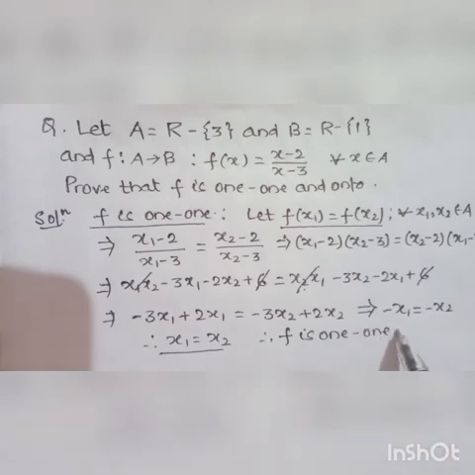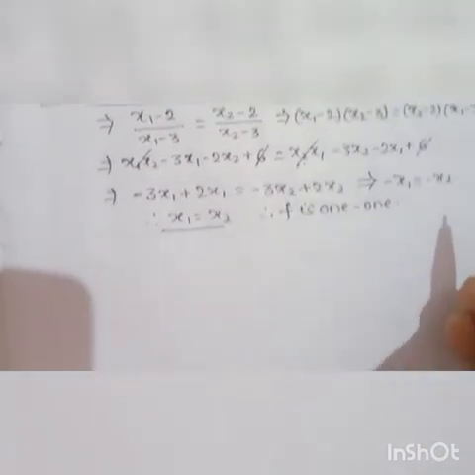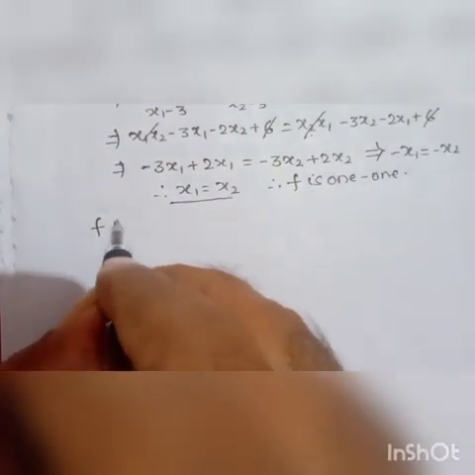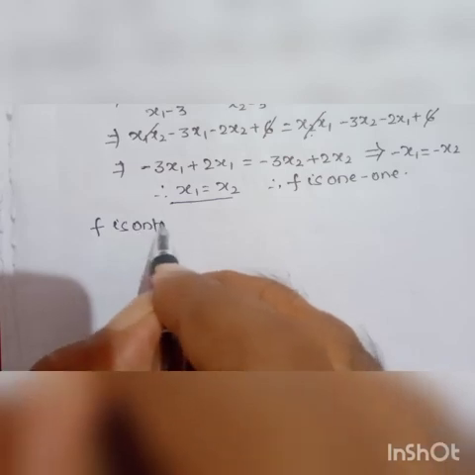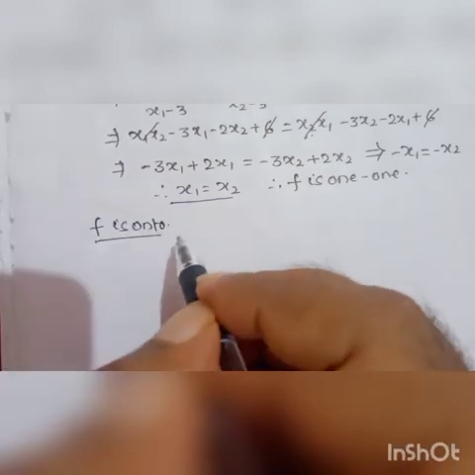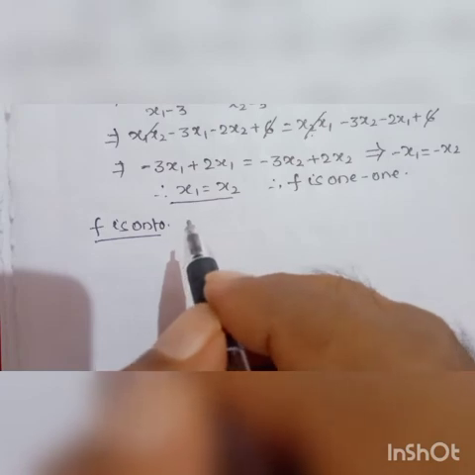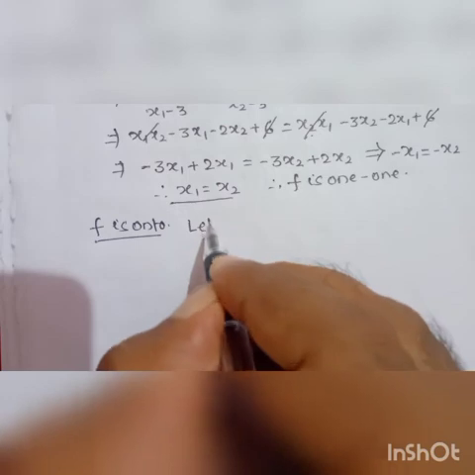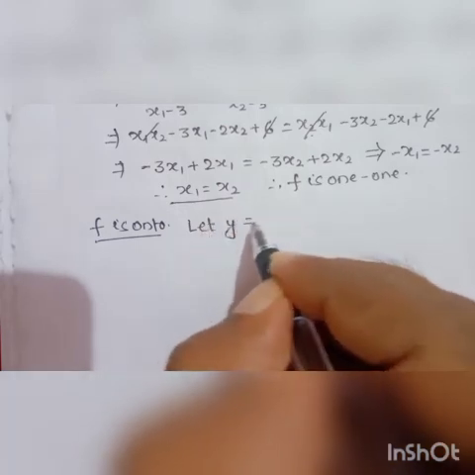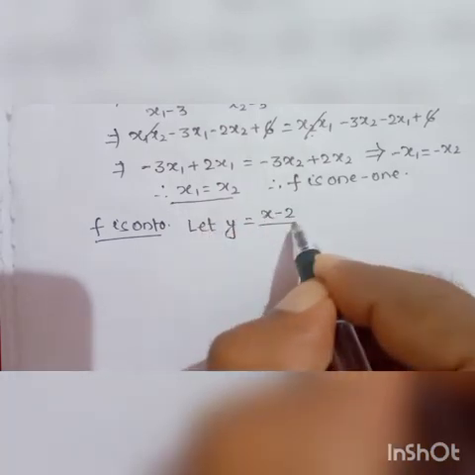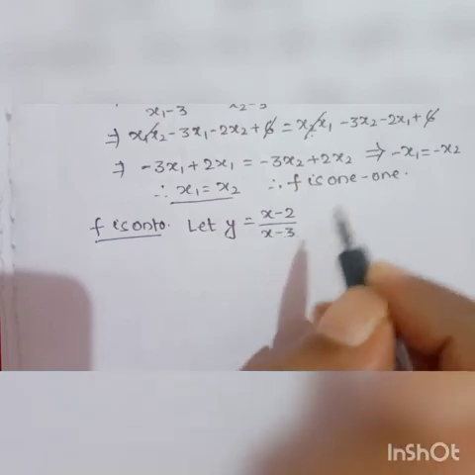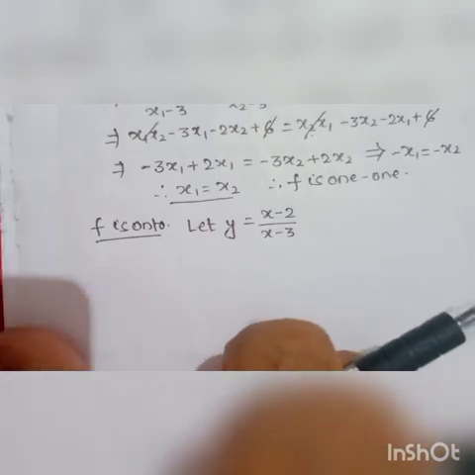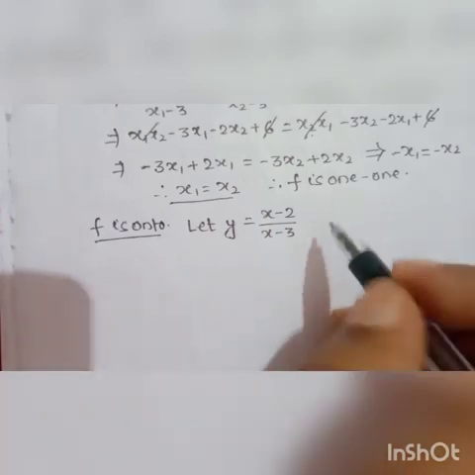In the next step we have to prove f is onto. First of all, consider this function as y. So let y equal (x minus 2) upon (x minus 3). Using this relation, we have to find x in terms of y.